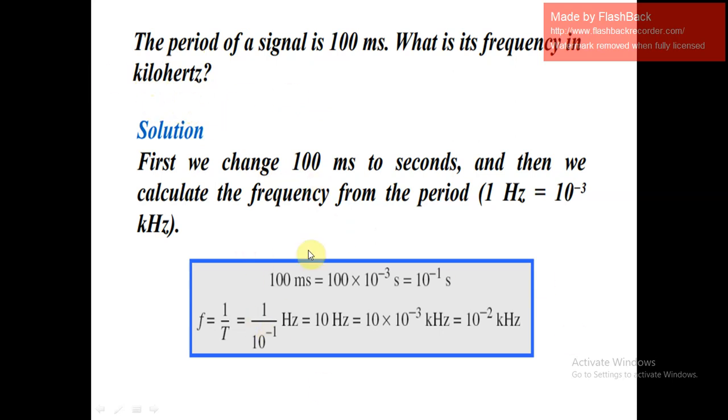The time period is 100 millisecond. We convert this 100 millisecond into second, which gives 10 to the power minus 1, and we put it here to evaluate f. Then we convert this in terms of kilohertz, and the answer is 10 to the power minus 2 kilohertz.